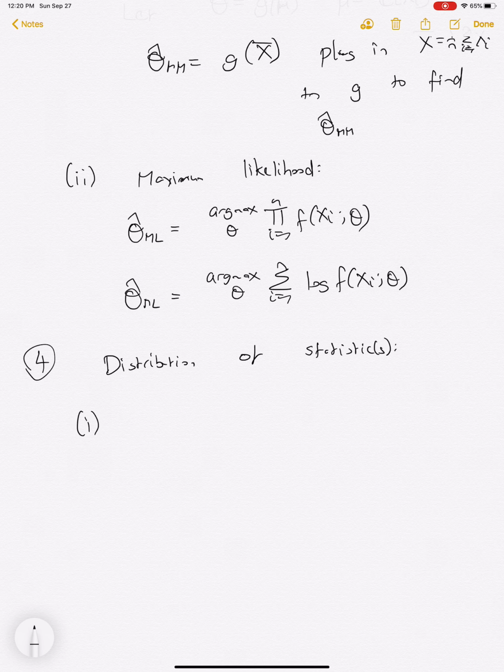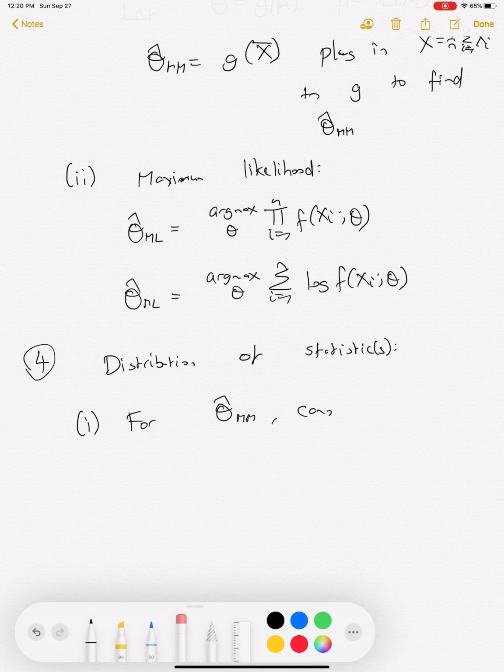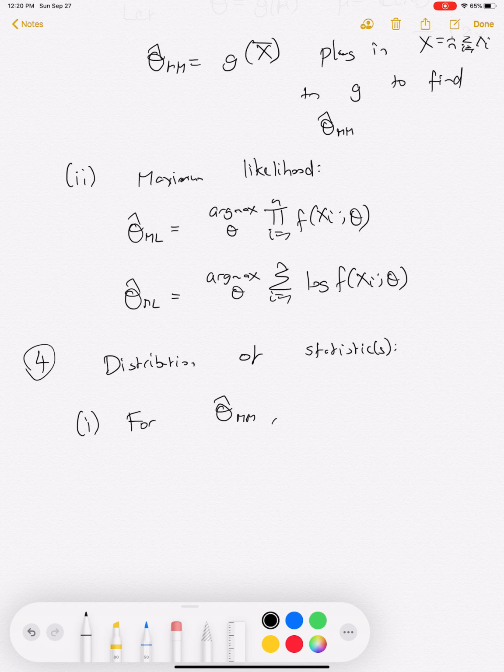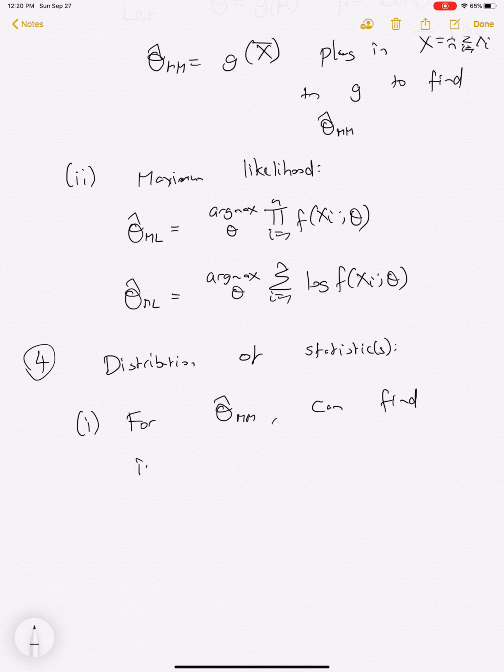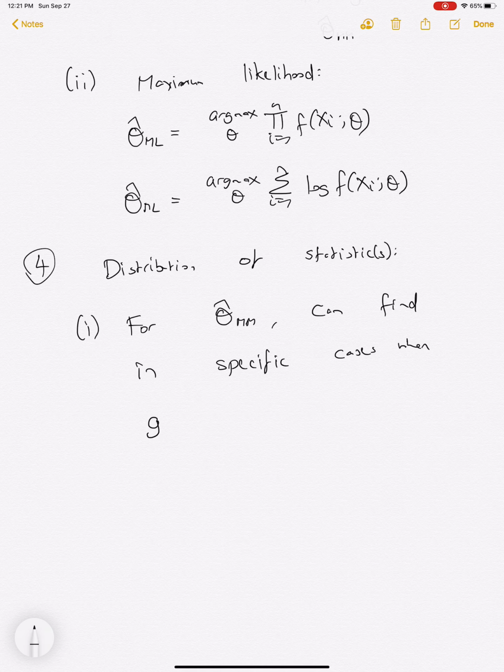For theta hat mm, we didn't spend a lot of time talking about the distribution because it was hard to pin down a general type of procedure to do that.